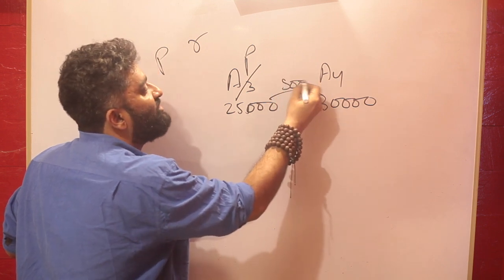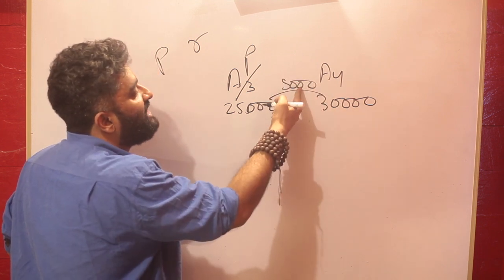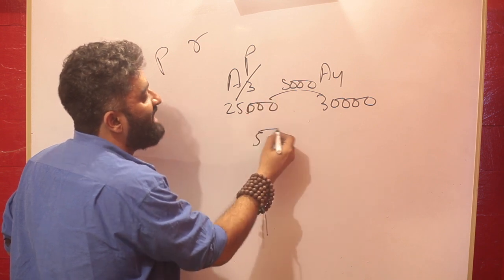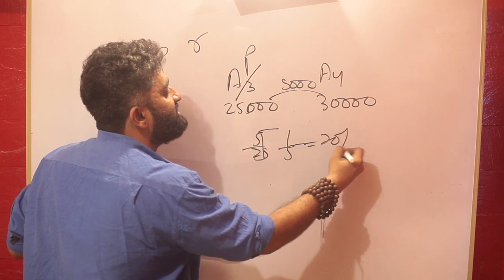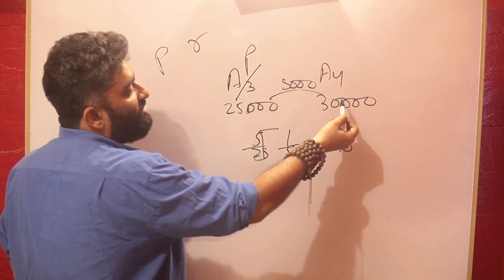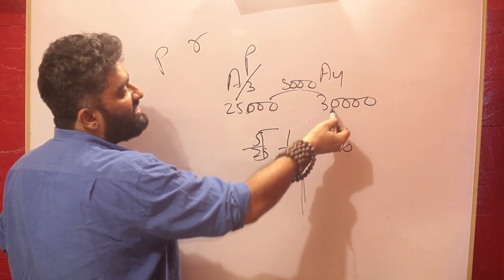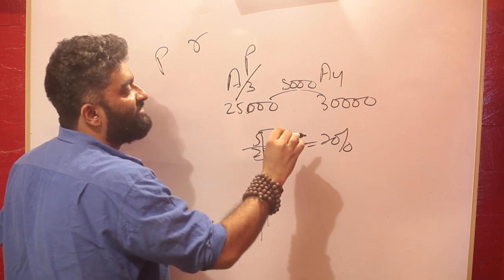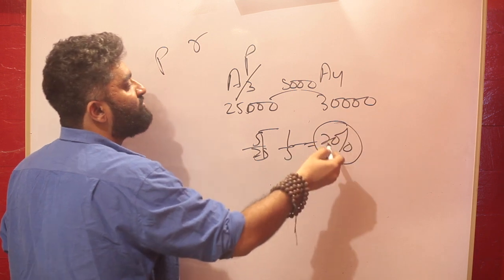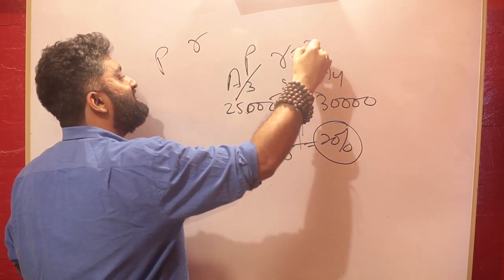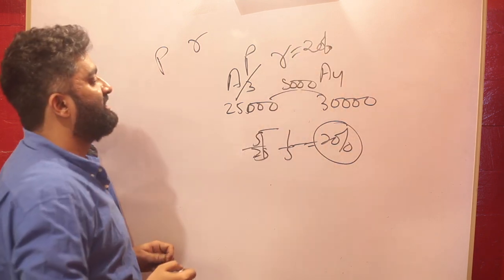That means 5,000 is the extra interest. 5,000 on a base of 25,000, 5 by 25 gives you 1 by 5, which is 20%. So you could have also done this by using multiplying factors. 30 by 25, which means 6 by 5. 6 by 5 means an increase of 1 by 5, means an increase of 20%. That means the rate is 20%, right?